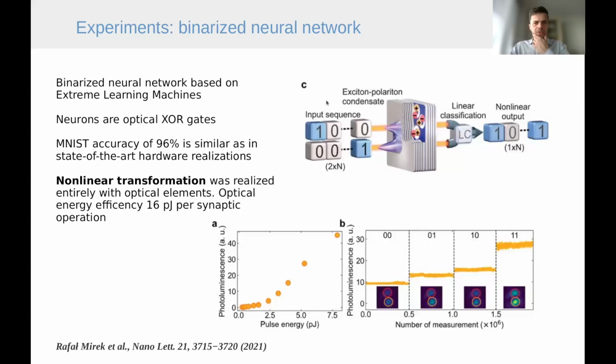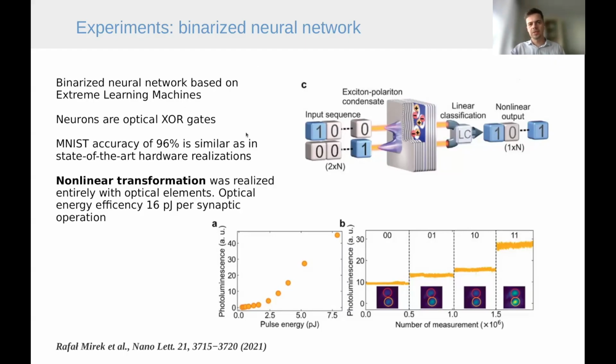We performed another experiment here in Warsaw in the group of Professor Barbara Piętka, where a binarized neural network was implemented. What is a binarized neural network? It is a neural network that operates at least some part of its operation on binary information, so just bits, 0 or 1s. In this case, neurons can be just, for example, exclusive OR gates.